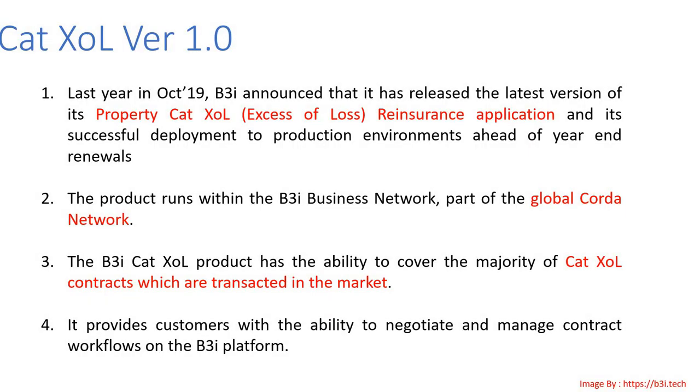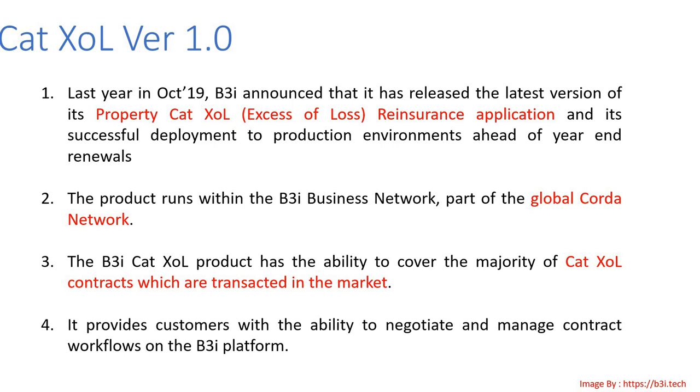Moving ahead, let's talk about their product, which they call CAT XoL version 1.0. The B3i catastrophe excess of loss, or CAT XoL, product is an evolution of the original prototype deployed when it was a consortium group. As I said earlier, in 2016, when they set up, they started building a prototype, largely around XoL, and they presented this prototype at the Monte Carlo summit, and the participants liked it.